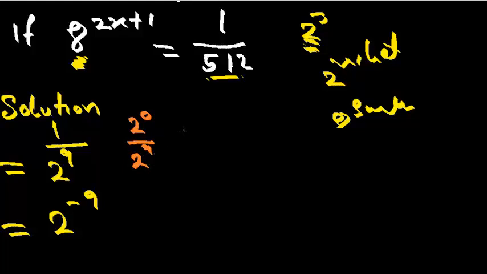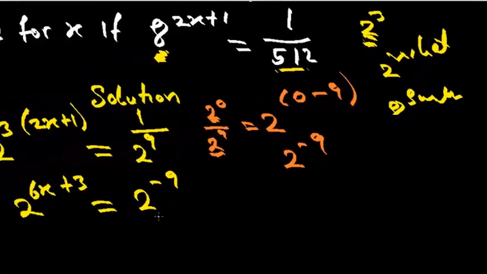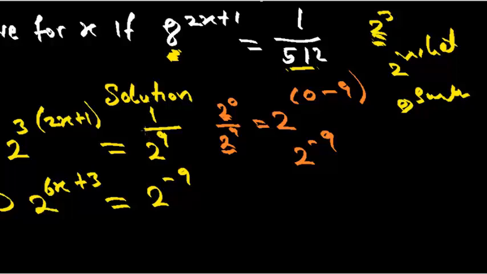From here, by the indices law of division, once the bases are the same, you keep your base and subtract the index of the denominator from the index of the numerator. In this case, the index of the numerator is 0, then the denominator is 9. 0 minus 9 is negative 9. So you get 2 exponent negative 9, which is here. Right. So we are saying that 1 over 2 exponent 9 is the same as 2 exponent negative 9.